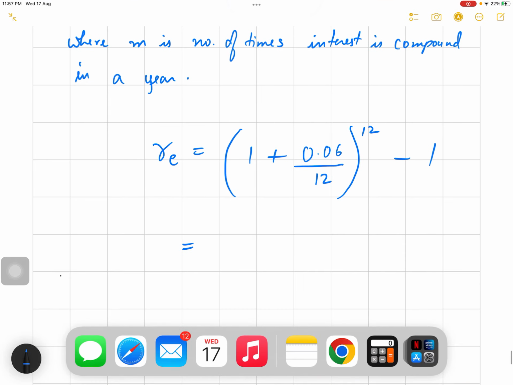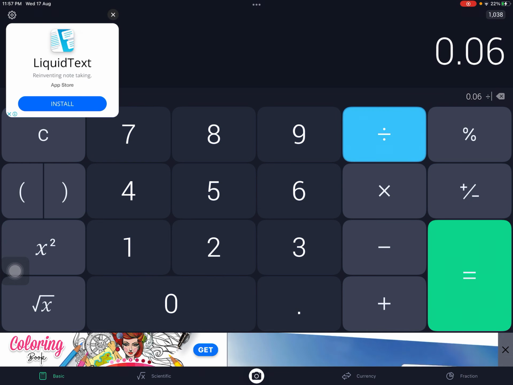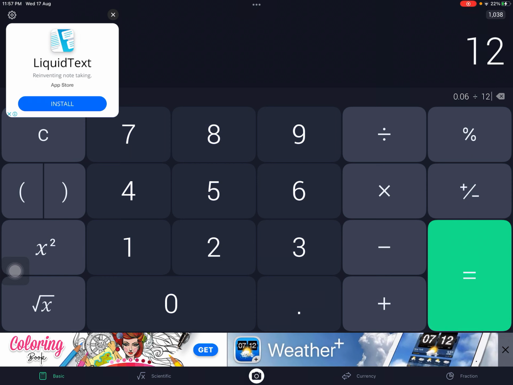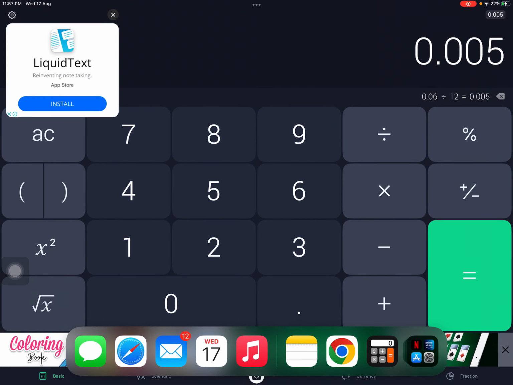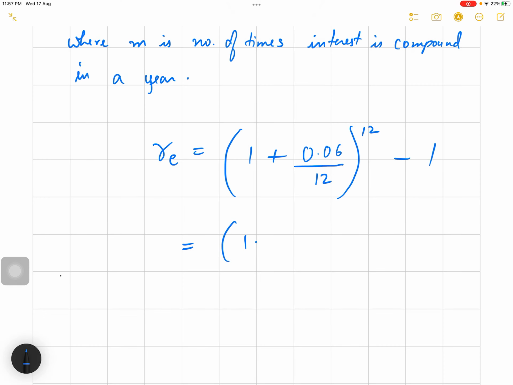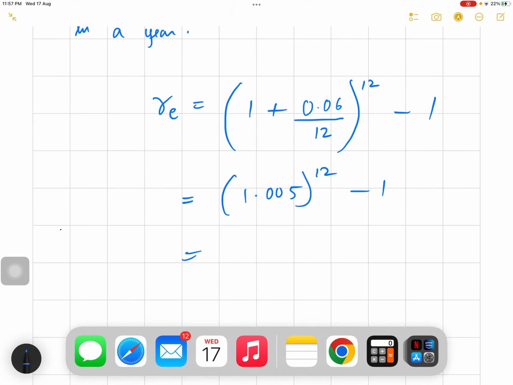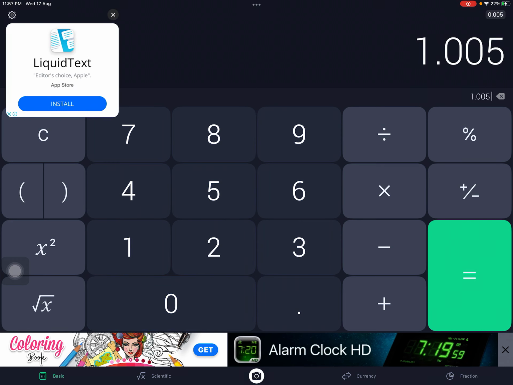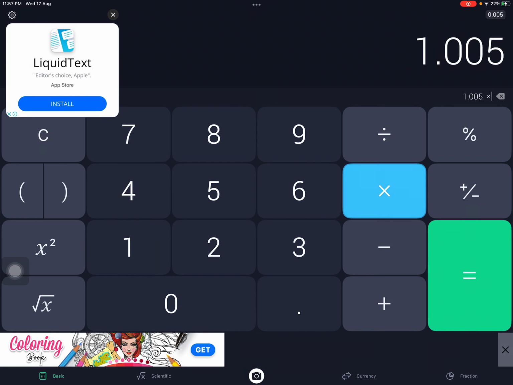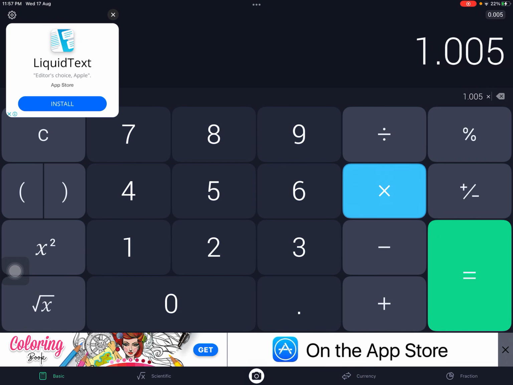Let's calculate this. 0.06 divided by 12 is 0.005. Plus 1, that is 1.005. 1.005 raised to 12, minus 1.